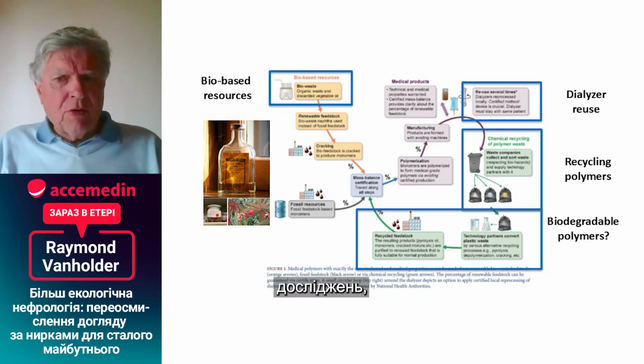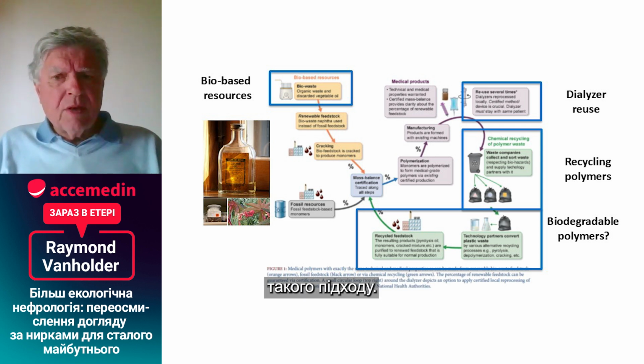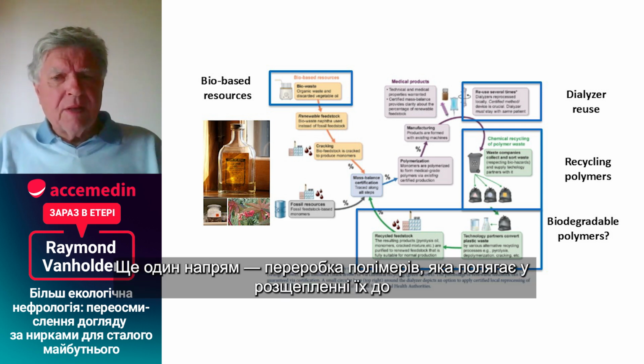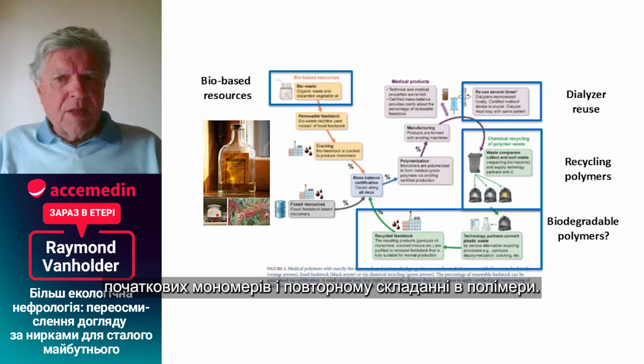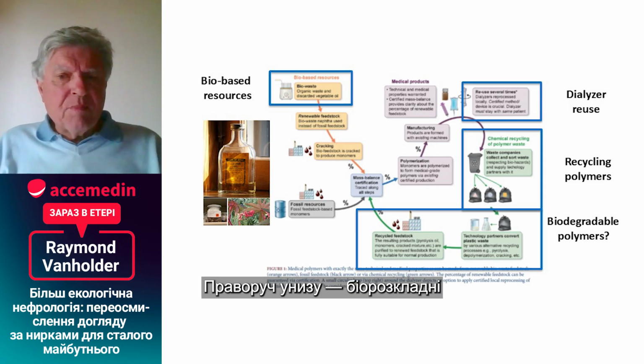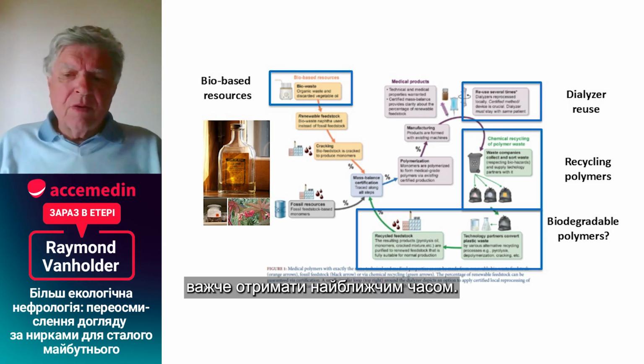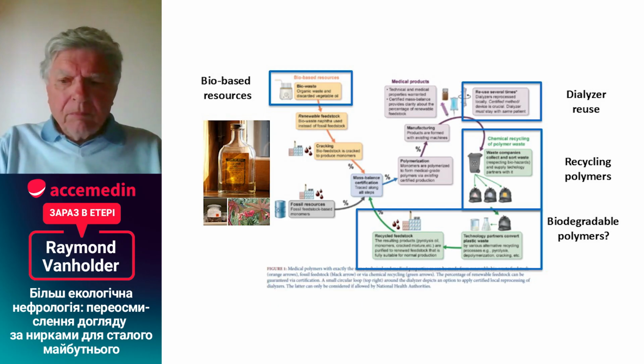And there is recycling of polymers, that is breaking down polymers into their original building blocks and then building them up again into polymers. So that's on the right side in the middle. The one on the right side below is biodegradable polymers, but I think that this will be much more difficult to obtain in the nearby future.